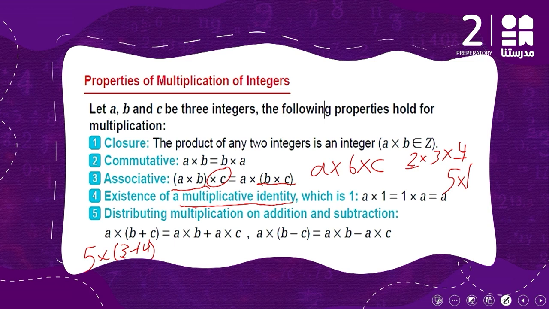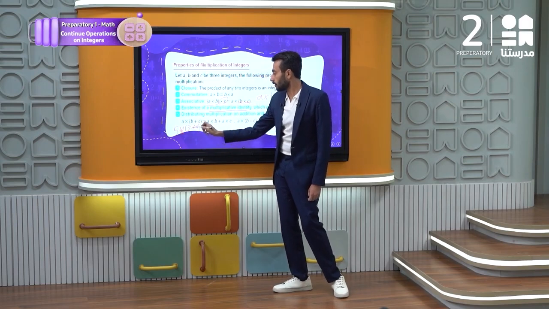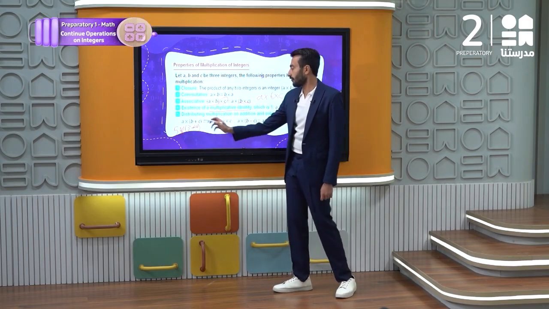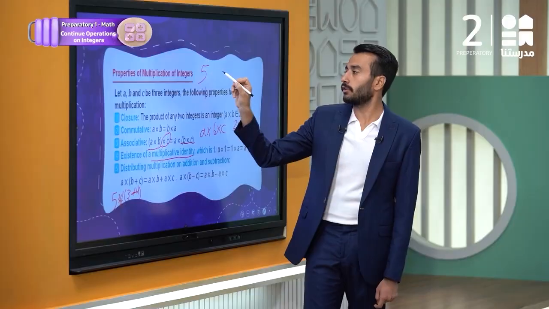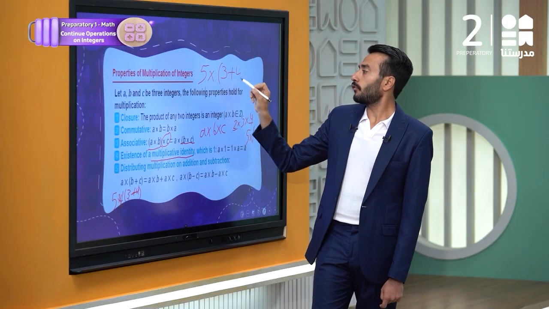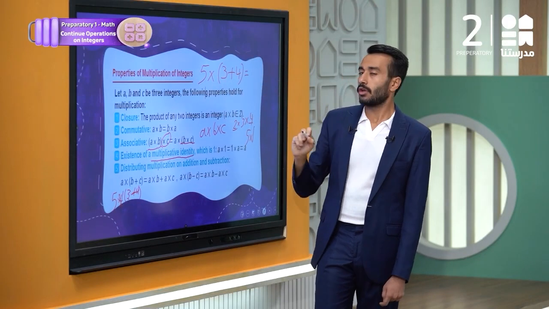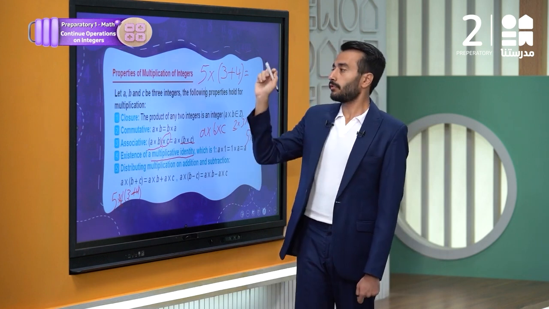But here, yes, you have a multiplication sign, but the other 2 numbers we need to add. We have 5 times 3 plus 4. Let me write this question here to be more clear. Now for this question, we have something called the distributive property or distributing property.